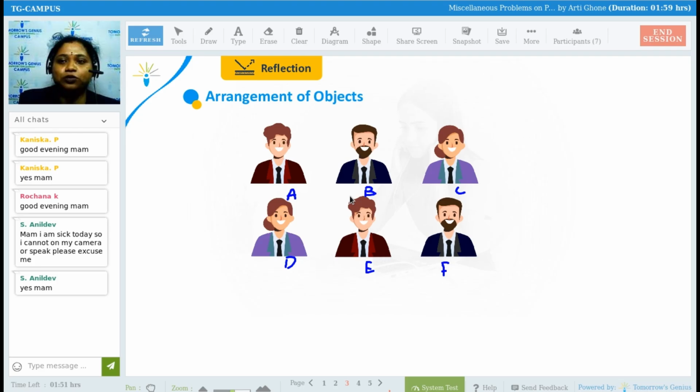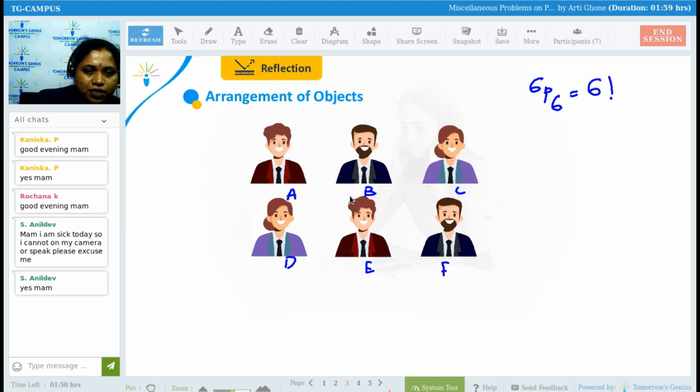Quickly in the chat box, tell me the arrangement of 6: A, B, C, D, E, F. Six persons seated at 6 different places. So it will be 6P6, that means 6 factorial. Clear?